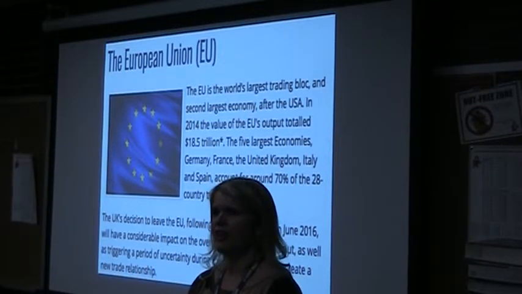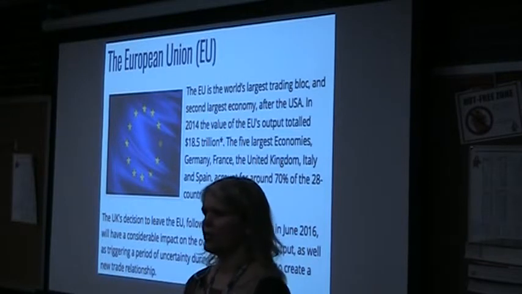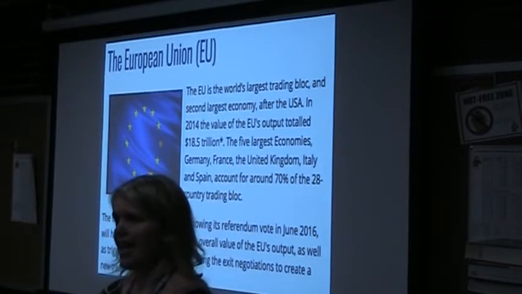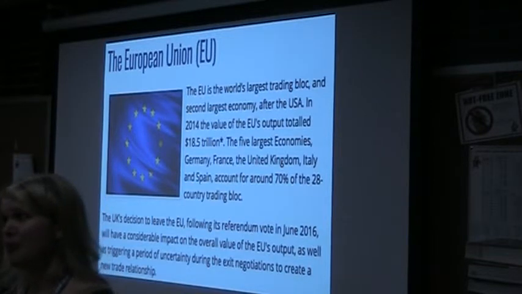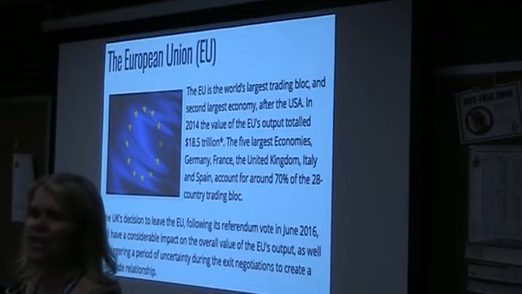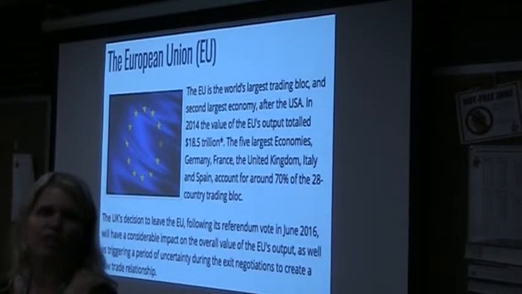Countries are starting to feel like they're being bossed around by the European Union, that they're losing their sovereignty, and that's why Brexit happened. Now, it's probably going to be bad for the British economy, right? But they were feeling like it wasn't working out for them as a country, as a nation of people.